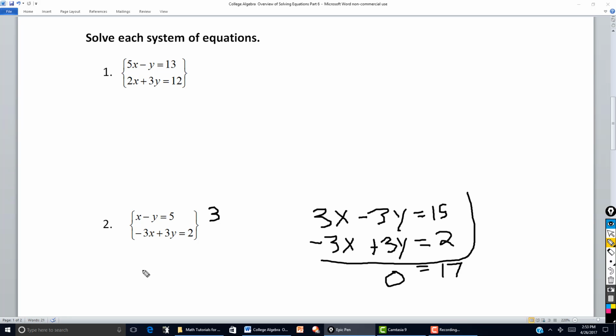So this is the scenario where the lines do not intersect. If you were to sketch a graph of these, they would be parallel. So this is the case where you have no solution.